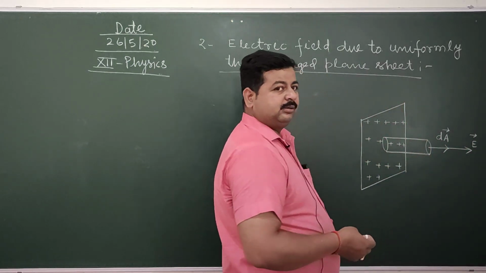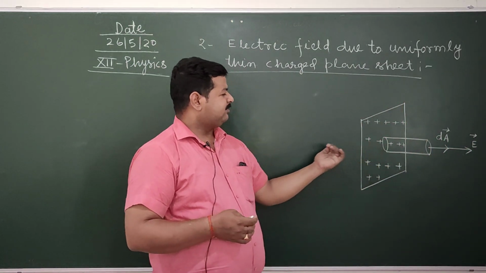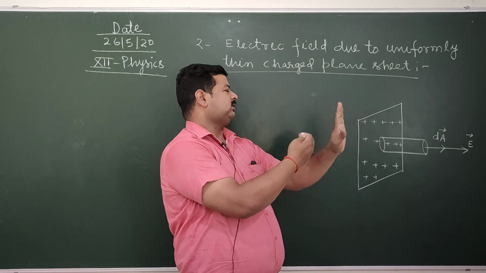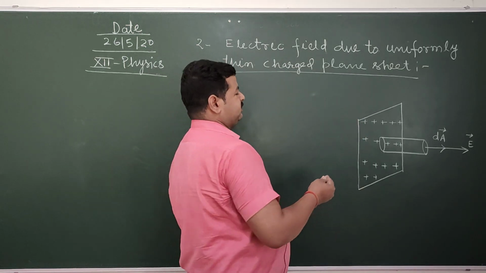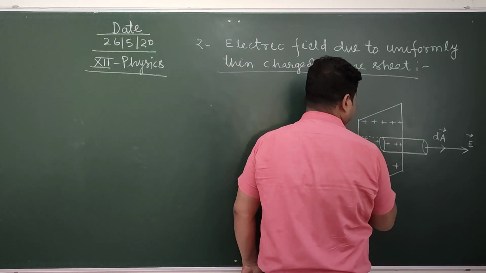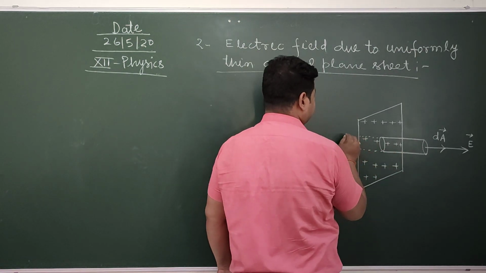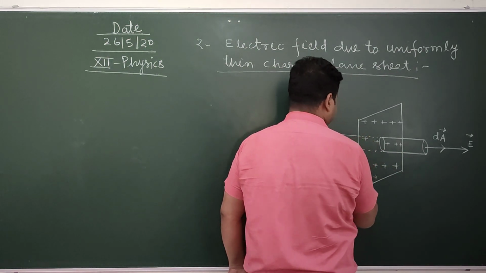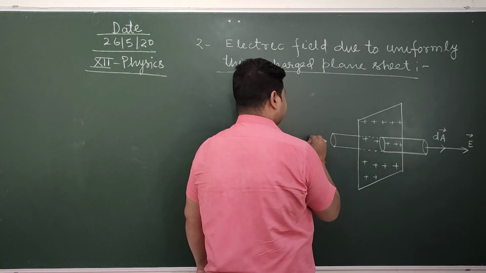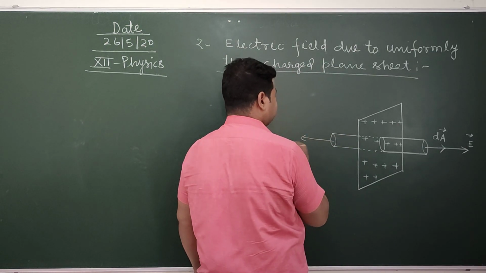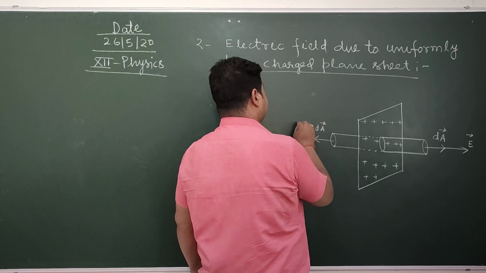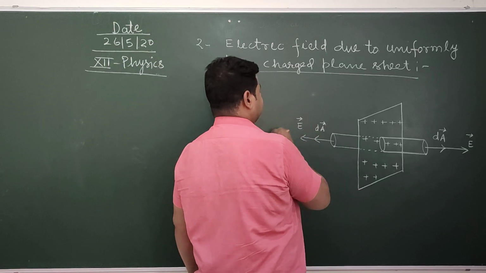Similarly, we assume behind the surface, in that portion also, a surface element, and the area vector is on the other side, that is d vector A and electric field.